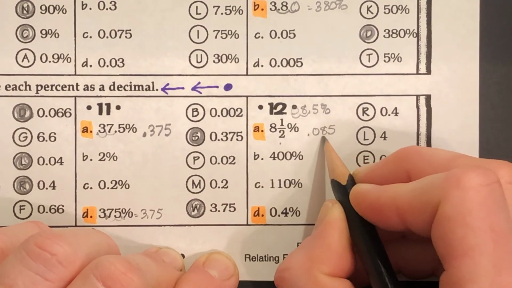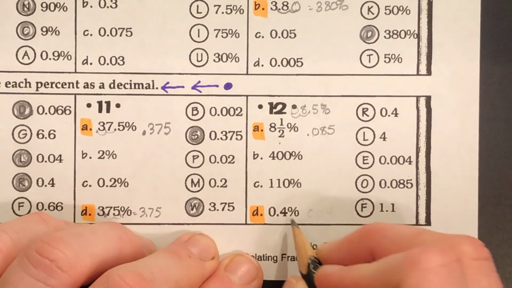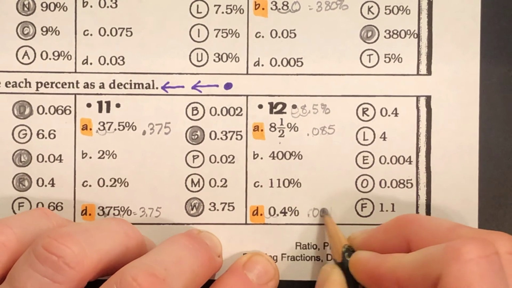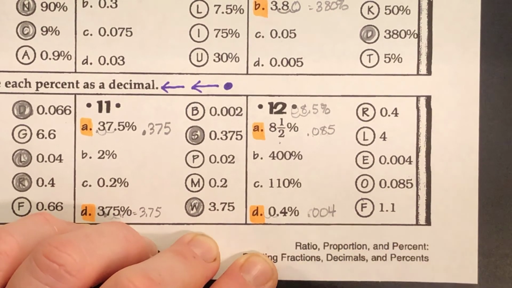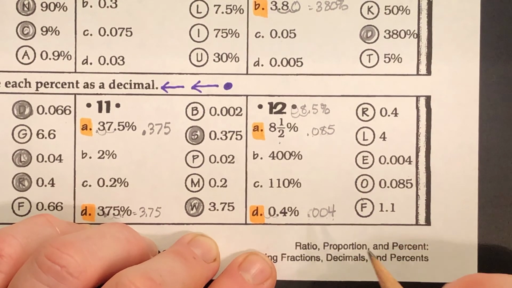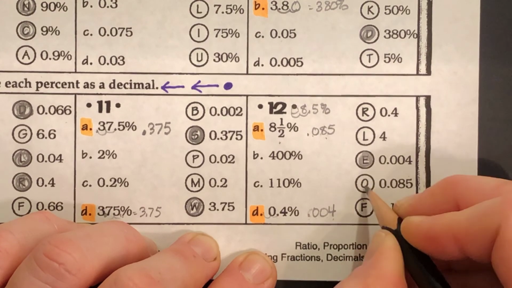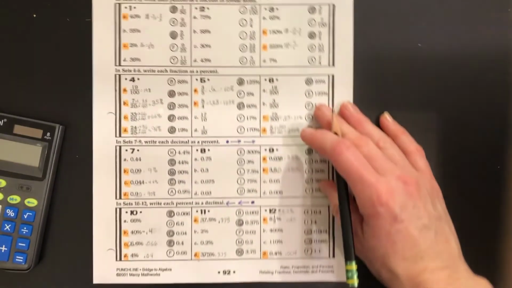And let's see, 1, 2, that's right. 0.4%, I'll move it to the left 2 places. I get 2 zeros, and just to check, 1, 2, 0.004, so that's 4 thousandths, and 85 thousandths. Let me get rid of these. And there you have it. You can do the rest on your own.